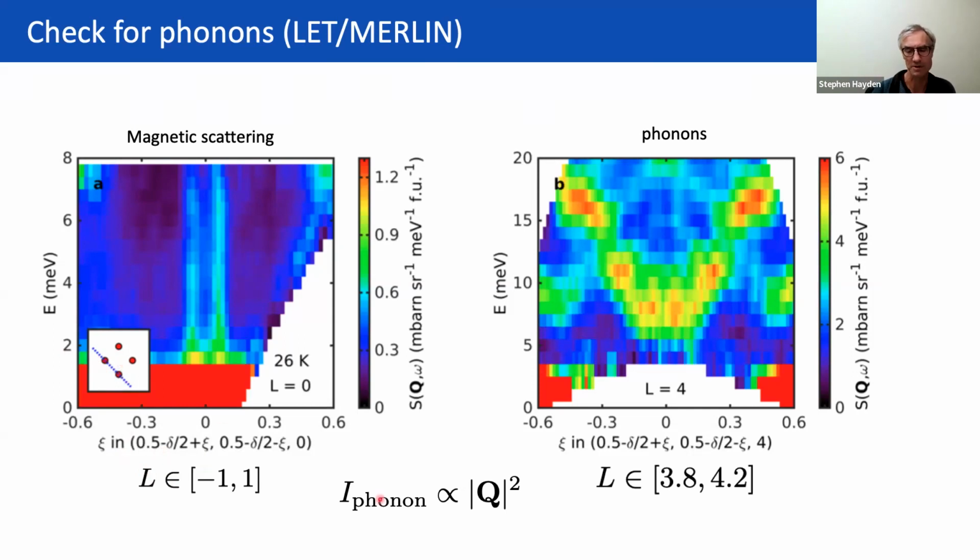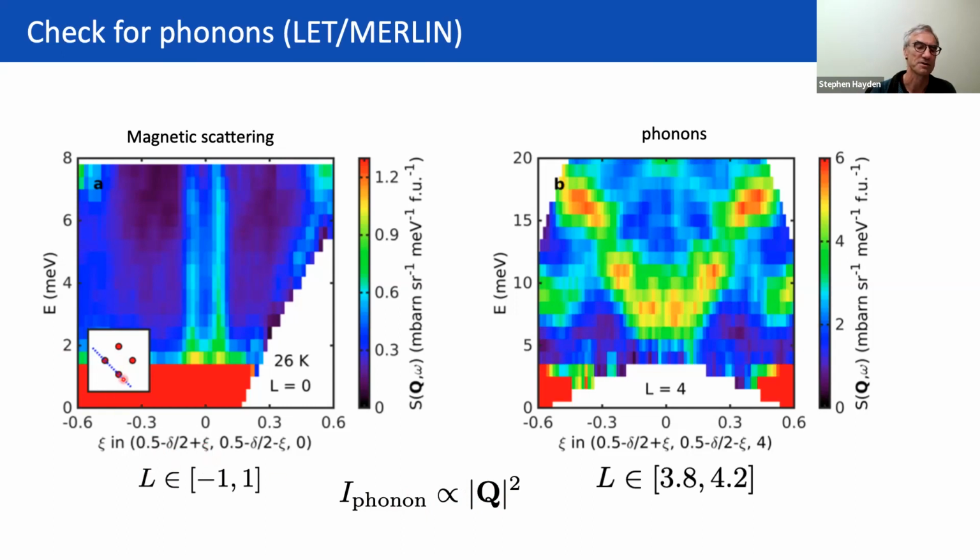So we go in the first Brillouin zone to try and remove as much phonon scattering as we can, because in general the cross-section of phonons goes as Q squared times some structure factor as well. So you want to get Q as low as possible.